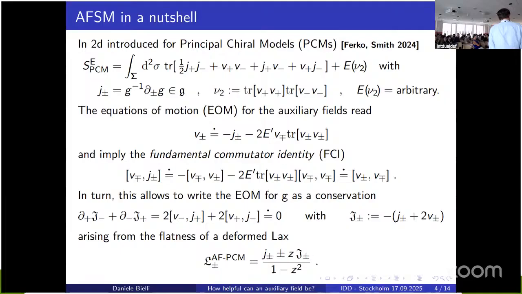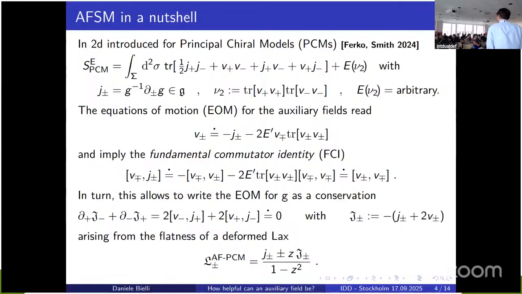The ultralocal Maillet structure is exactly the same as for the principal chiral model, and all the properties of the principal chiral model remain the same. I agree, but now I realize that you can't have derivatives of the V's. Yeah, you don't include derivatives of the V's. Then I've answered my question.